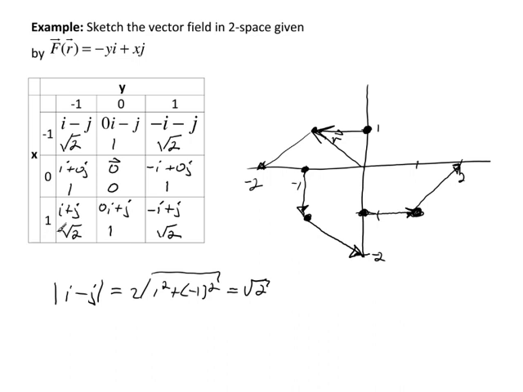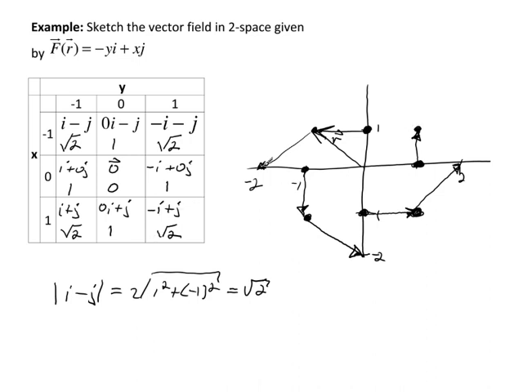Now, when I'm at x is 1, y is 0, so right here, this is not going to change in the x direction, but the y direction is going to be a +j, so that's going to bring me to there. And this last one, when x is 1, y is 1, so I'm right here at this point.